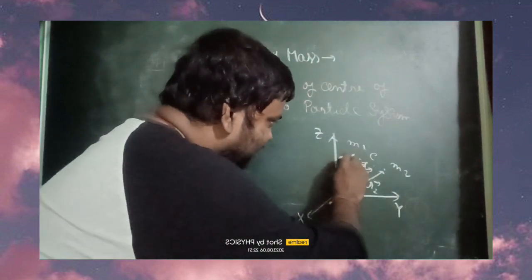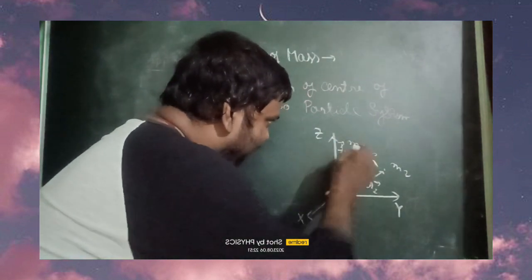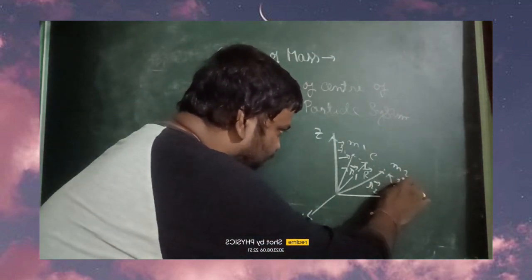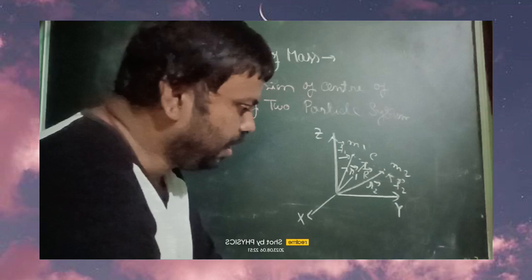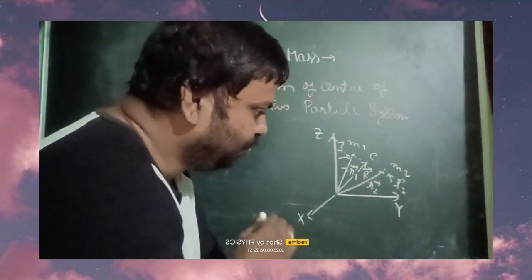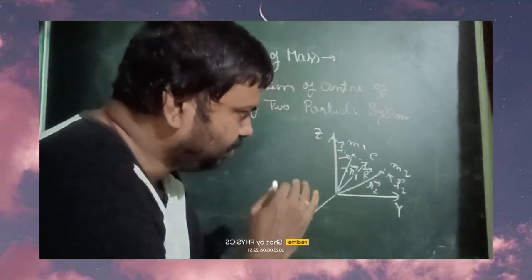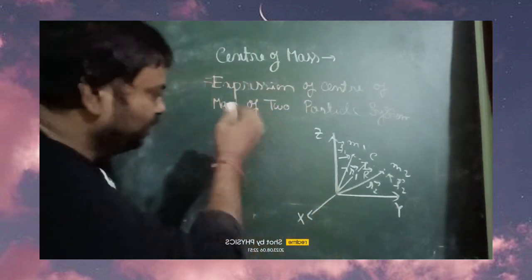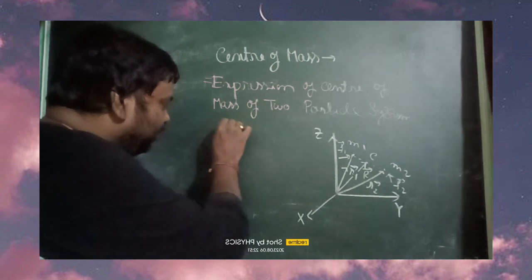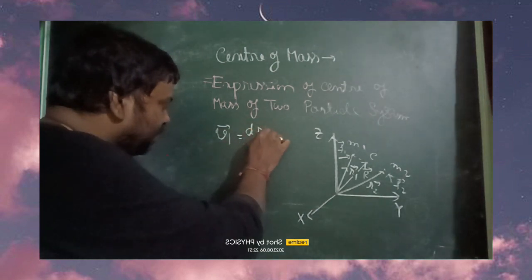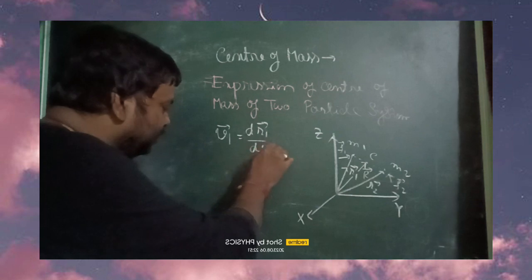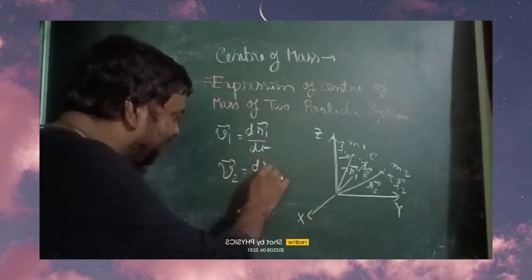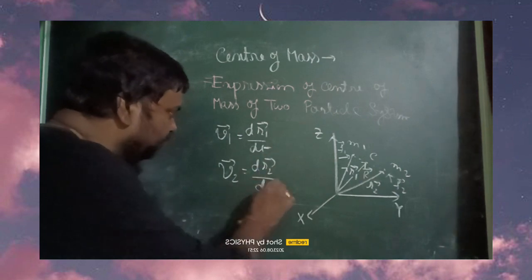Now there is an external force F1 acting on particle 1 and an external force F2 acting on particle 2. If the velocity of the first particle is v1 and the velocity of the second particle is v2, then we can write v1 vector equals dr1 by dt and v2 vector equals dr2 by dt.